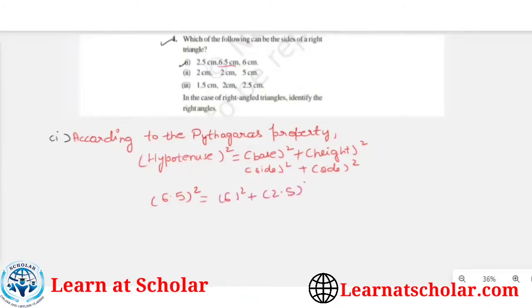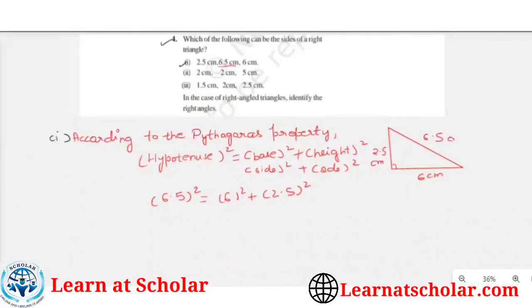So we will take the largest side because it is the hypotenuse. Suppose it is the right angle triangle, the largest side or the longest side is 6.5 centimeter in length and it is the hypotenuse.